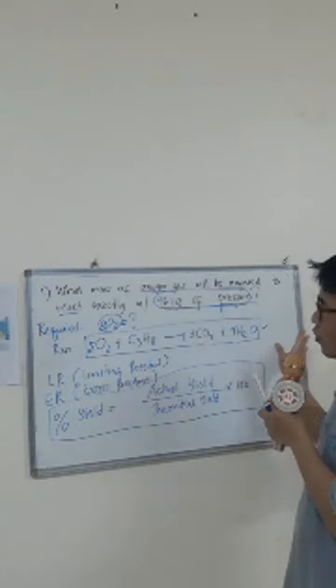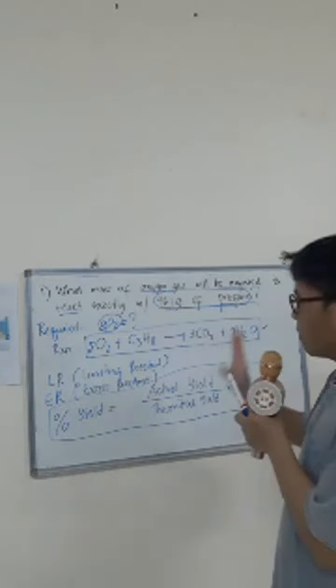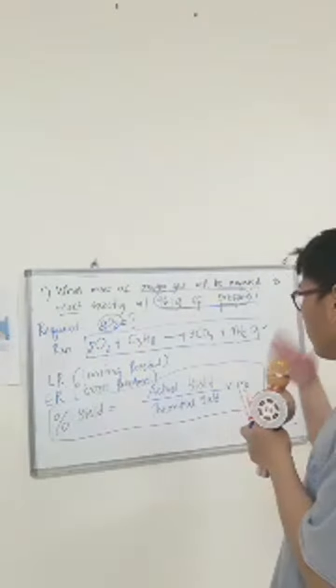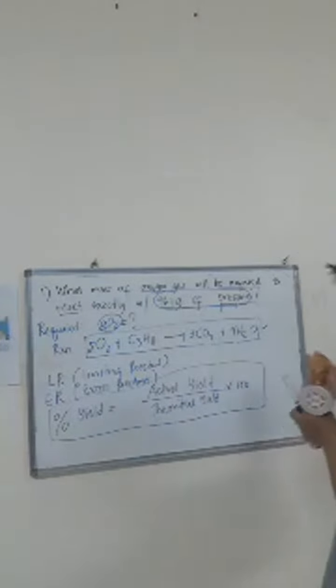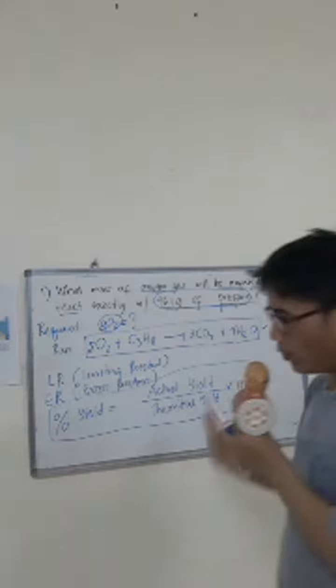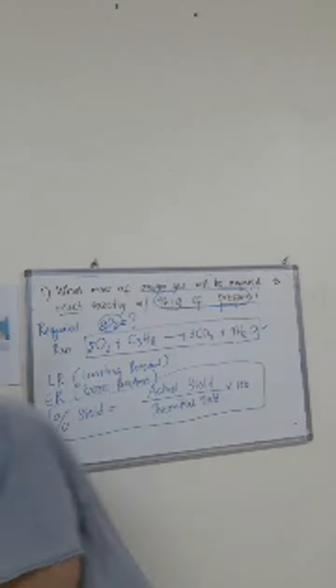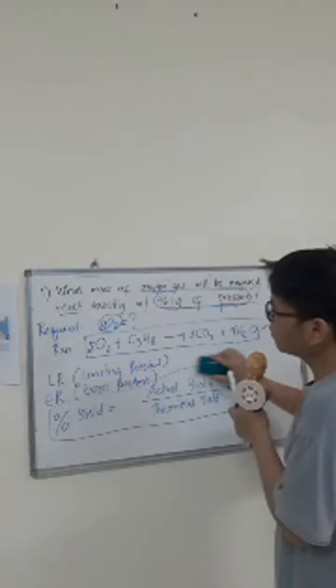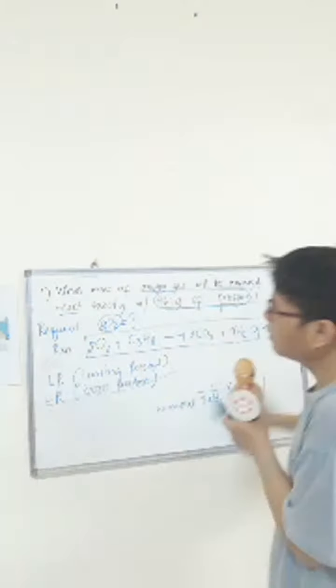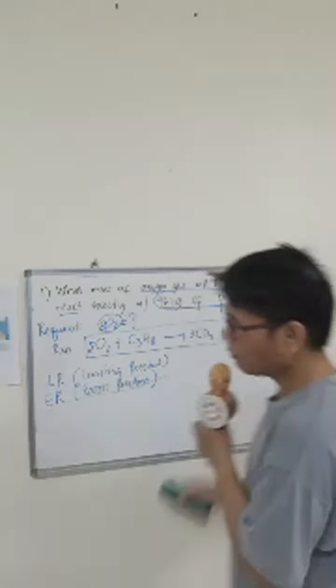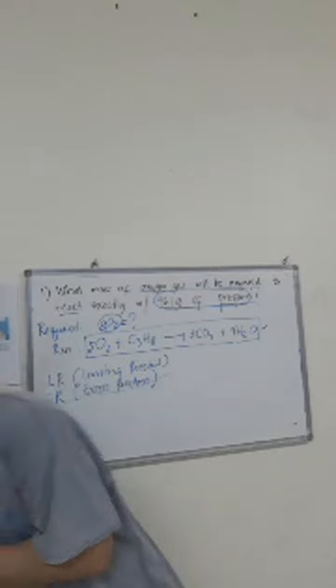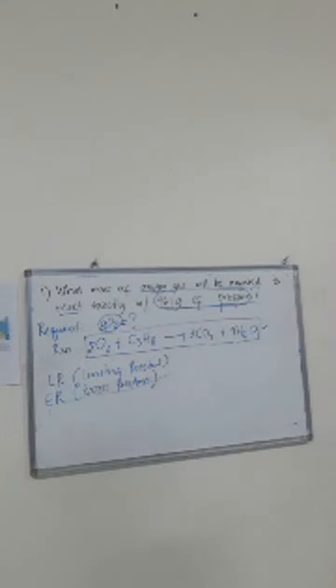In this case, we need to compute the limiting reactant and the excess reactant just to prove which among them is the limiting reactant, because we cannot guess.